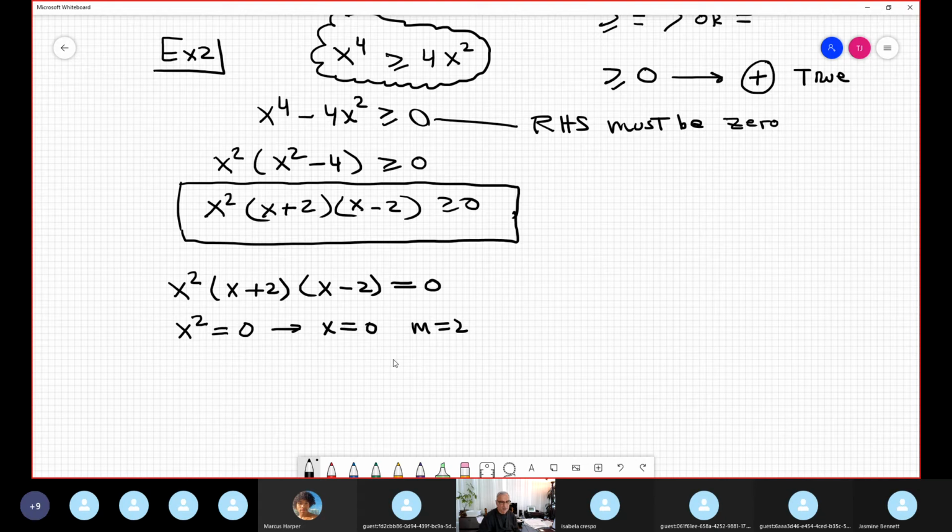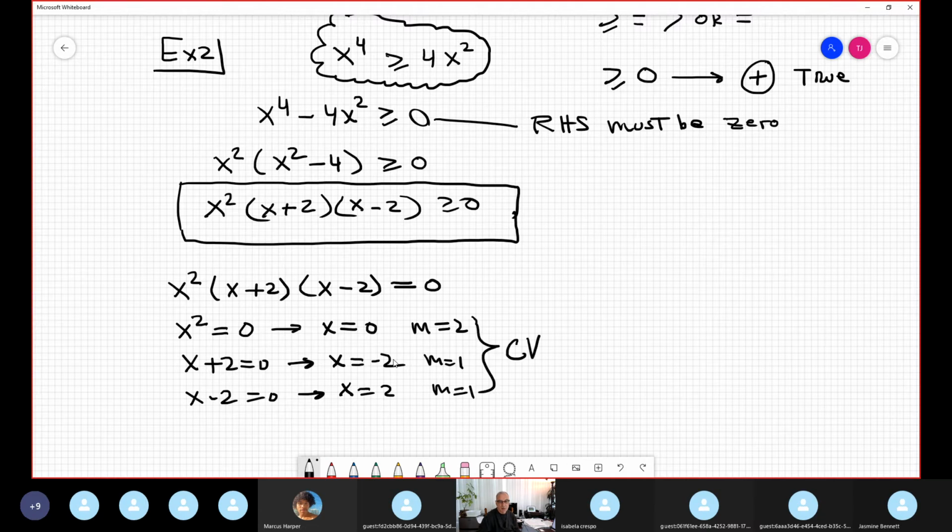No, I care. And the other is easy: x plus 2 equals 0, x equals negative 2. Of course, multiplicity 1. And x minus 2 equals 0, x equals positive 2, multiplicity 1 again. And this is the collection of our critical values.